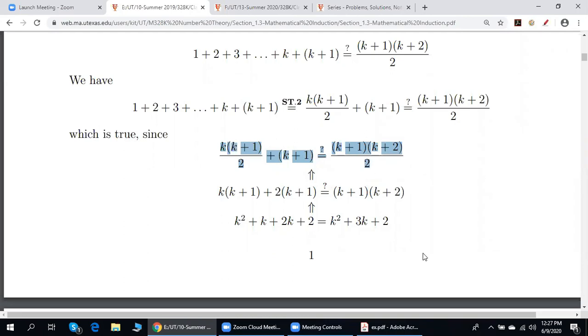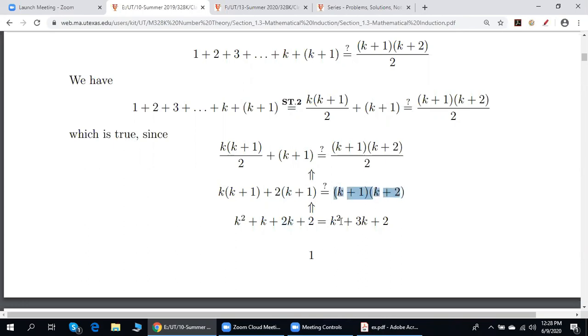Repeat once again. In order to prove this, we copy it over here. We multiply a left-hand side and right-hand side by 2 in order to get rid of the denominators. Done. We expand parentheses over here. Done. Over here. Done.